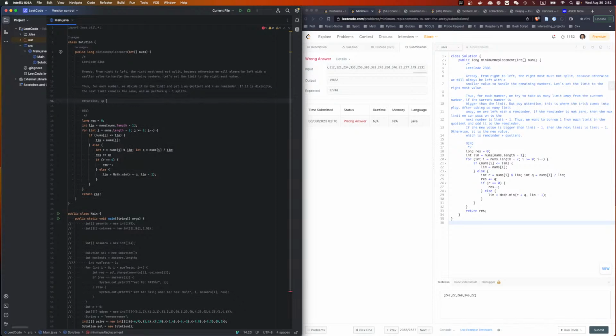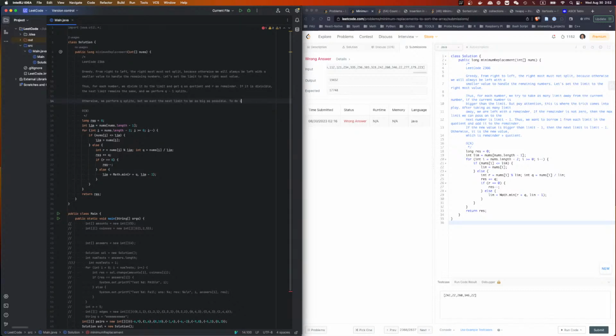Otherwise, we perform q splits, but we want the next limit to be as big as possible.